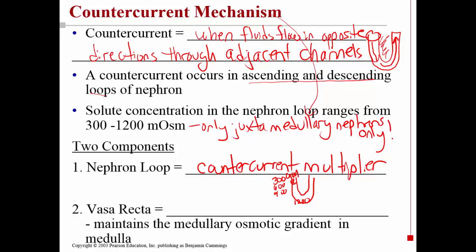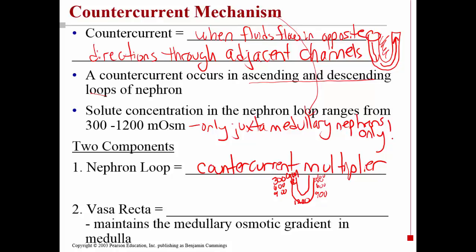So its concentration, its osmolality is multiplying. Now as it goes up the ascending loop, the osmolarity drops from 900 to 600 to 300, even to 100 by the time it leaves. So that's why they call it the countercurrent multiplier.